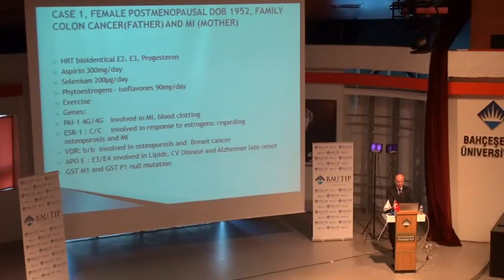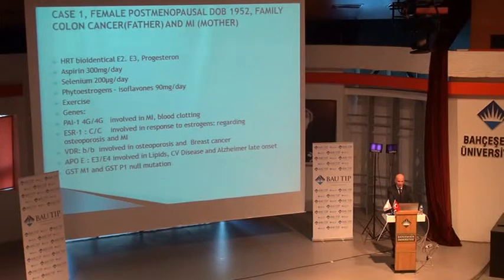Genetic profile showed PAI-1, plasminogen activator inhibitor 1, is antifibrinolytic, a gene involved in myocardial infarction and blood clotting. So she has a higher activity of this antifibrinolytic, the balance, yin and yang, between prothrombotic and fibrinolytic.